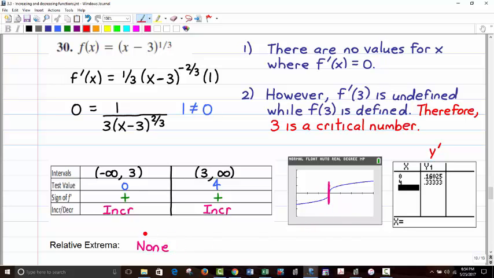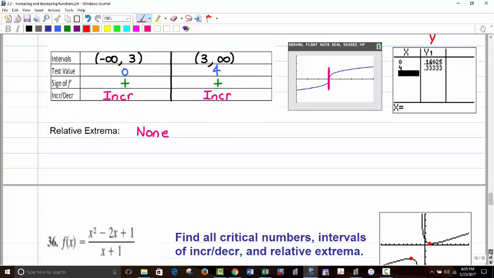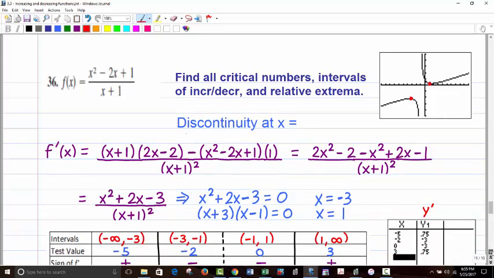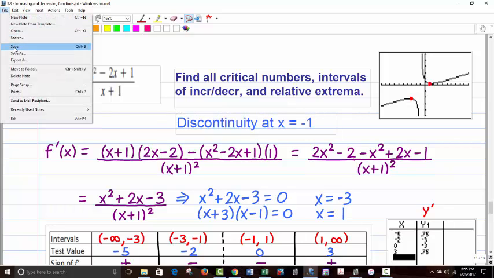But it did not produce that's going on our sign chart.